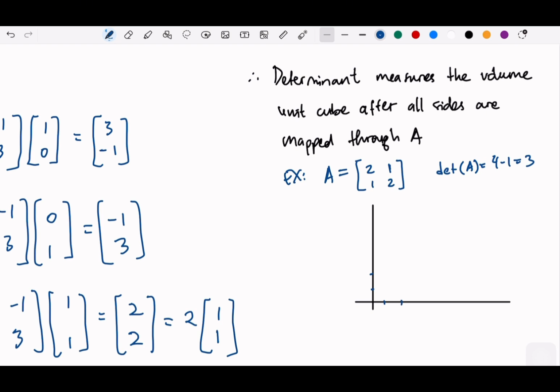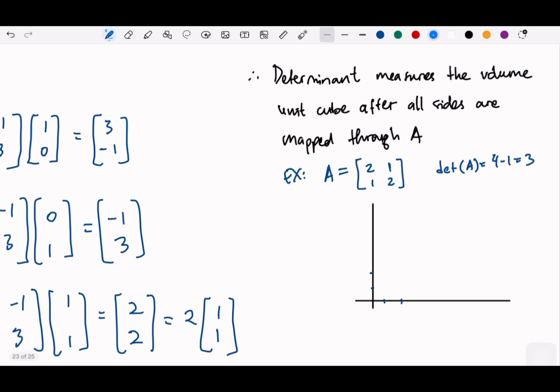So first is this vector here. So perhaps this is 2, 1 first here. And then let's say this is variable 1 and this is variable 2, or you could say x y if you want. And the second one is 1, 2, maybe here.